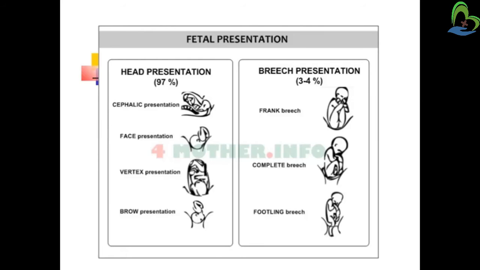The same way in the breech presentation you can see the frank breech. Frank breech means there are extended legs from knees. Then second one is complete breech, fully flexed buttocks. Then footling, you can see the foot which occupies the lower pole area. That means it is the footling breech.